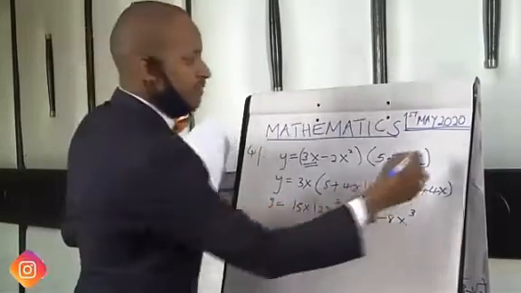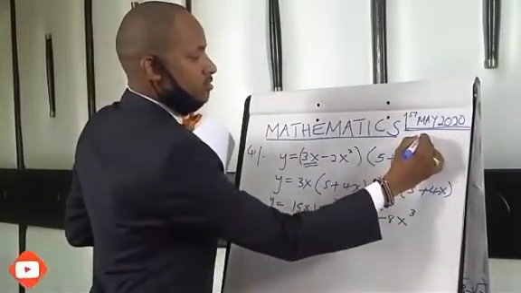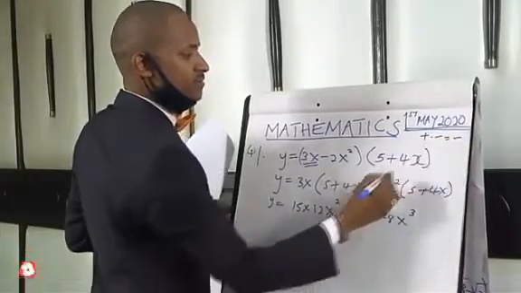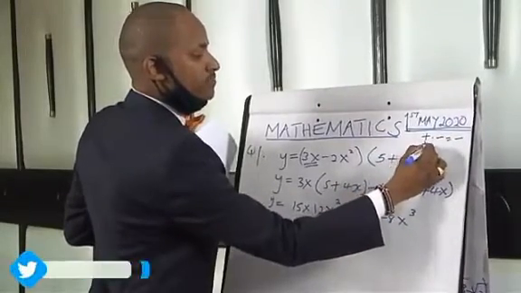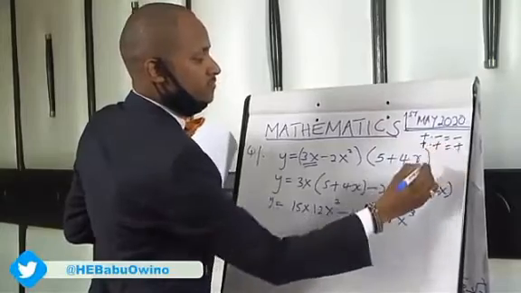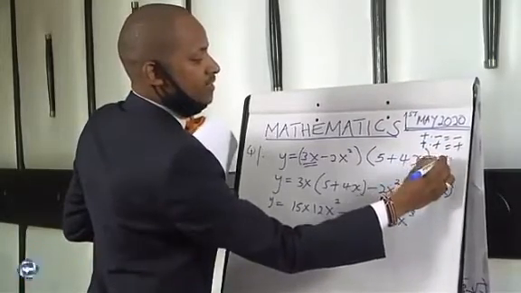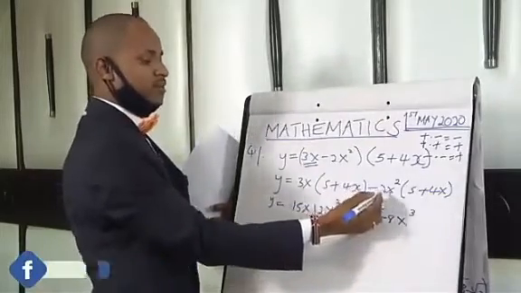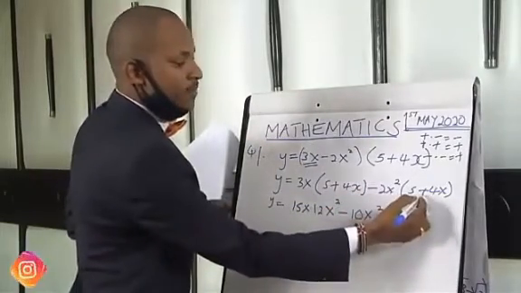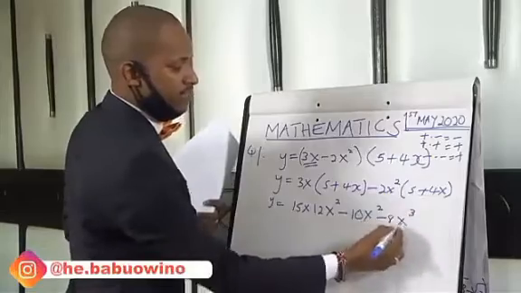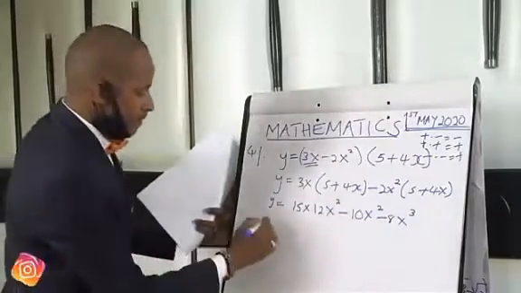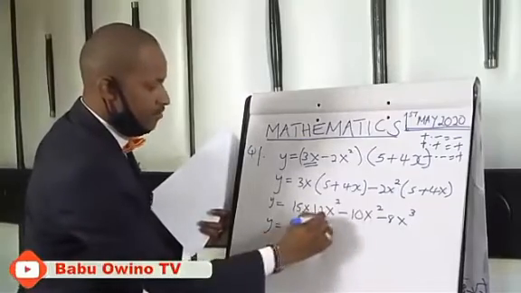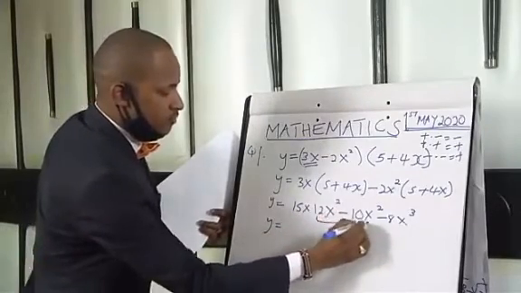Now there's a fundamental rule that you should note. When you have positive multiplied by negative, you get negative. Positive multiplied by positive, you get positive. Negative multiplied by negative, you get positive. That's why when we have minus 2x squared times plus 4x, you get minus 8x cubed. Now, our y becomes, you simplify further by collecting the like terms.